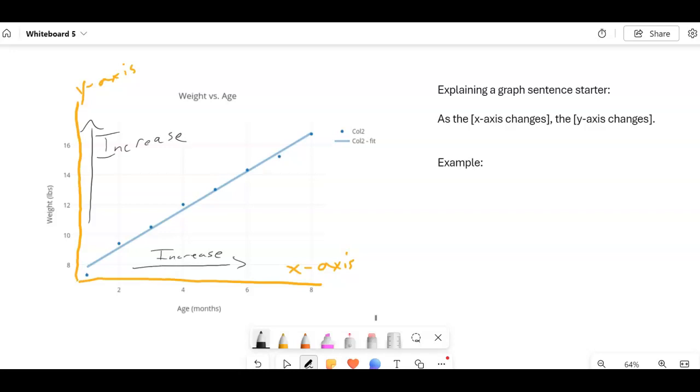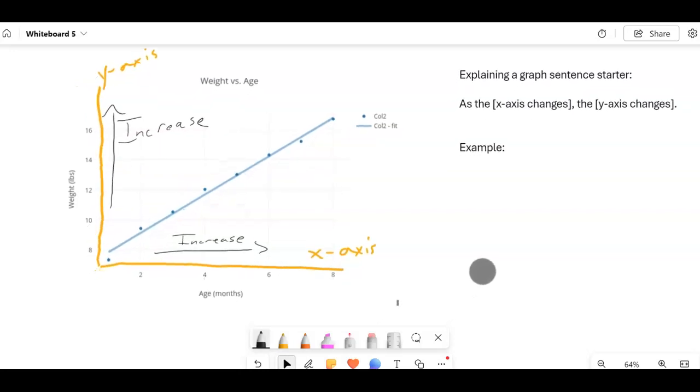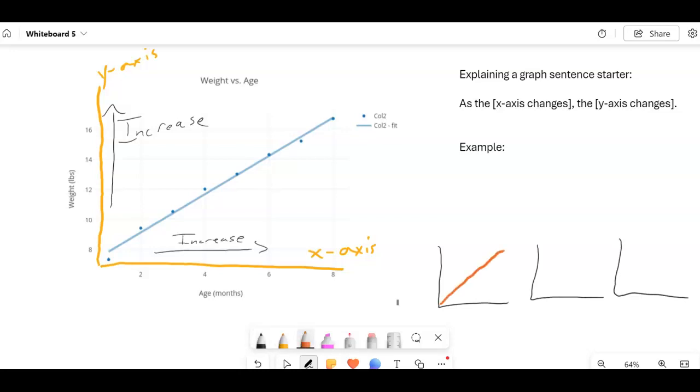And so what does that mean? Well, that means that on our graph, let's go ahead and look at the shape of some lines. If we have a line that does what our graph is doing, we could also have a graph that's doing the opposite, or a graph that's doing a flat line. So what does that mean?